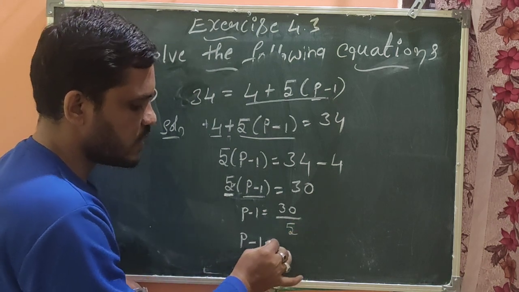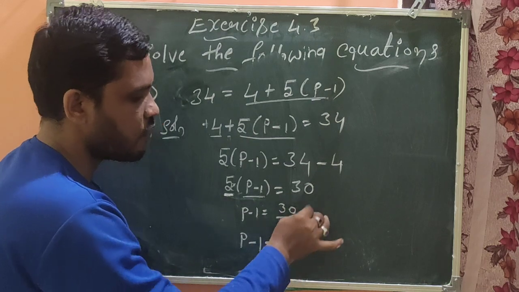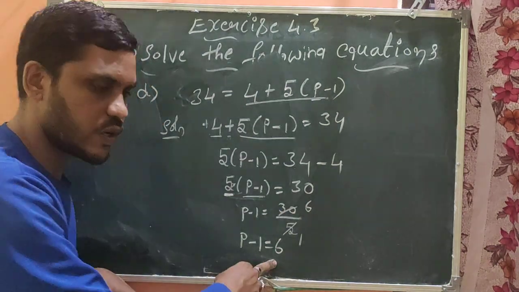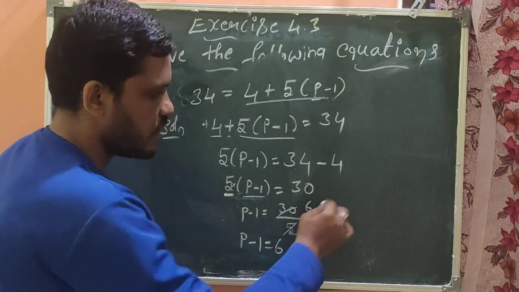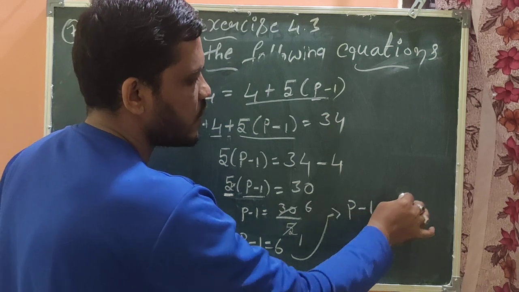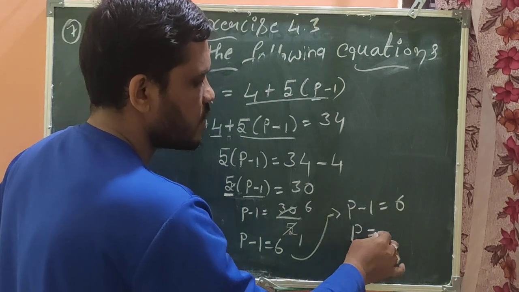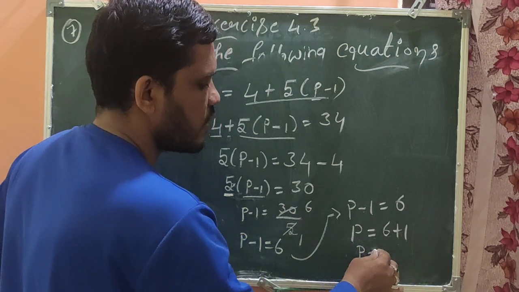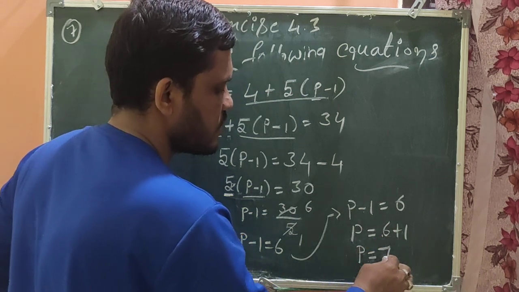Then P minus 1 is equal to 30 divided by 5. 5 ones are 5, 5 sixes are 30. P minus 1 is equal to 6. Then P is equal to 6 plus 1. So the unknown variable value is 6 plus 1, which is 7.